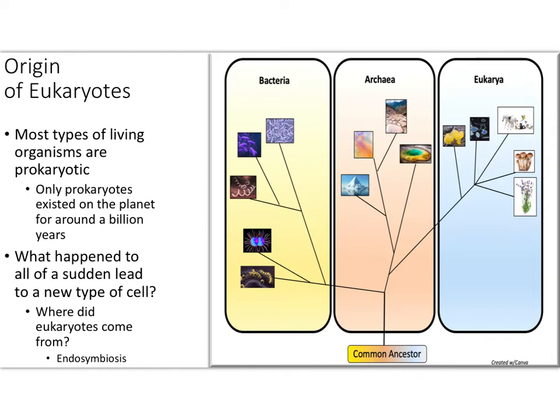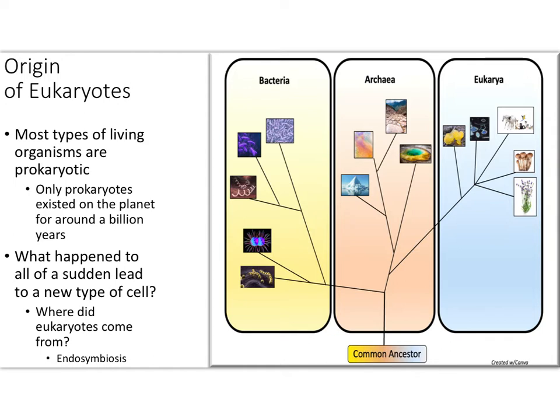So when life first developed on planet Earth, the only life that existed was prokaryotic life. And it wasn't until about 1 billion, maybe 1.5 billion years after that, that we start to see evidence of the development of eukaryotes.